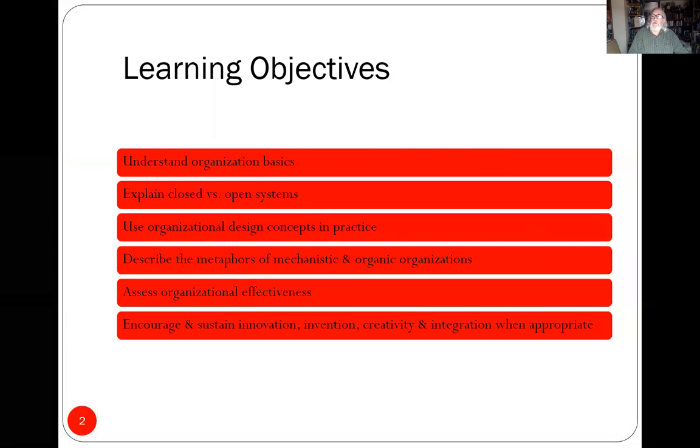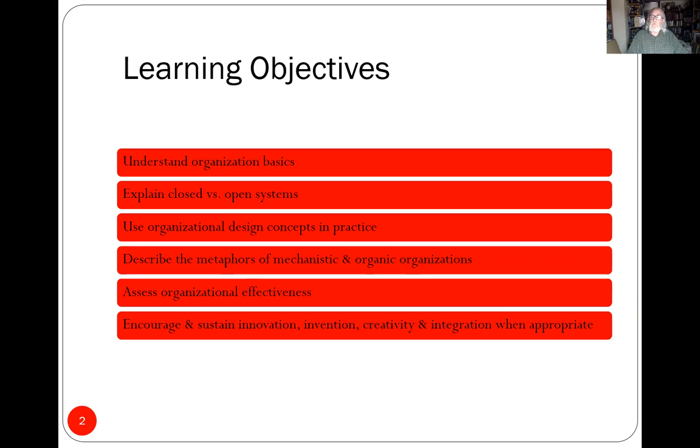Here are the learning objectives. You should be able to do this or know these things by the time you're done engaging with this material. You should be able to understand the organizational basics, closed versus open systems, put into practice the organizational design concepts that we explore here.